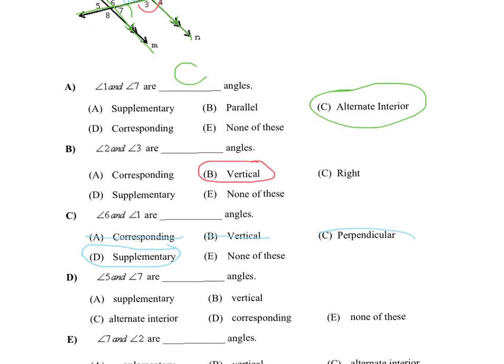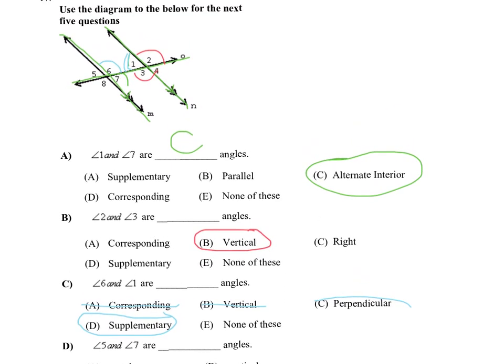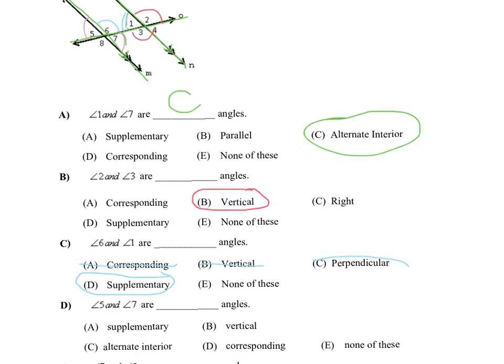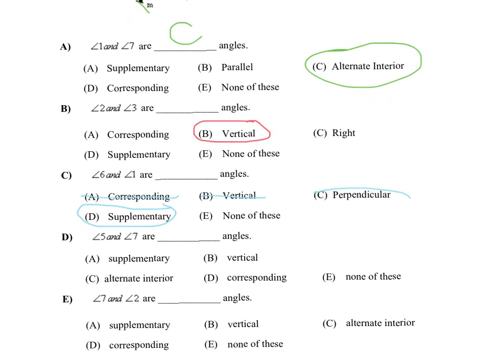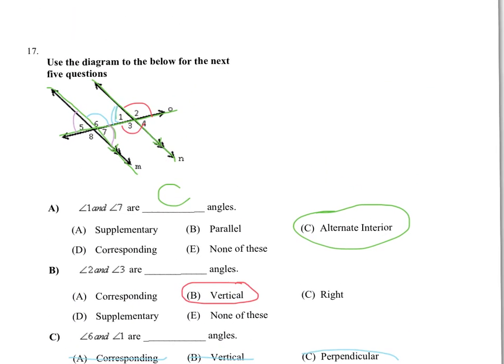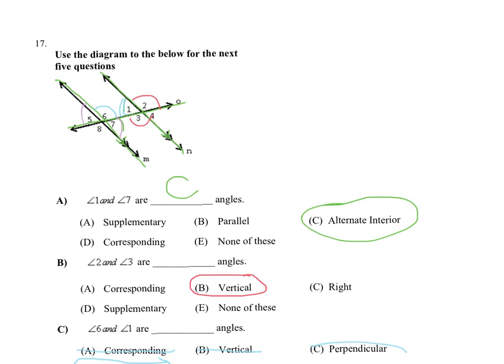And let's look at the next one, 5 and 7. Let's mark those up. Again, those are just vertical angles. It's an easy one. And 7 and 2. Let's find 7 and 2. Angle 7 and angle 2.